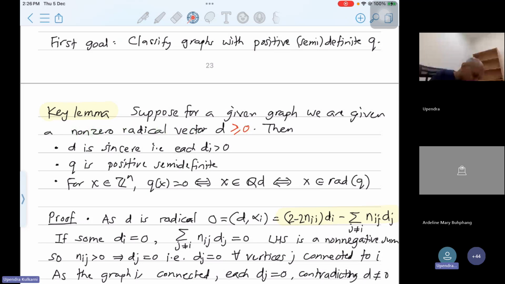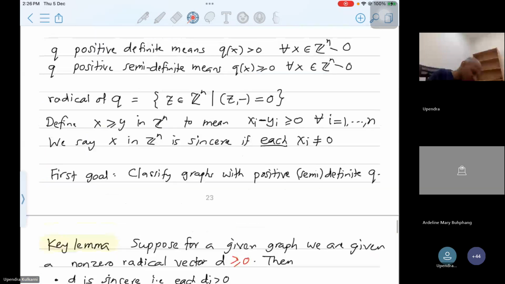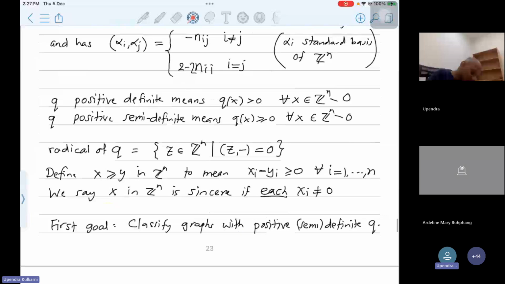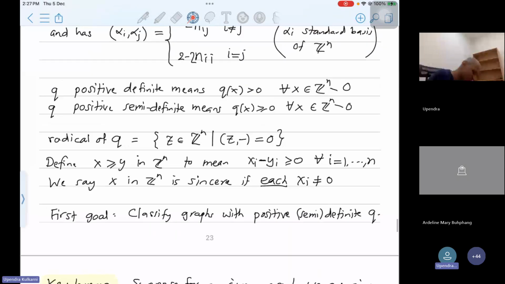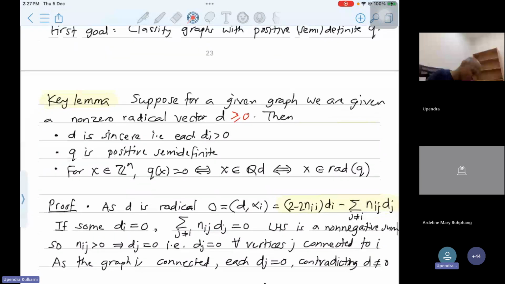The question is, do we know that the components of d are rational a priori? So let us see where this is happening. Everything is happening in Z^n. So even though I keep on saying vectors, every single thing that you see is an integer vector.